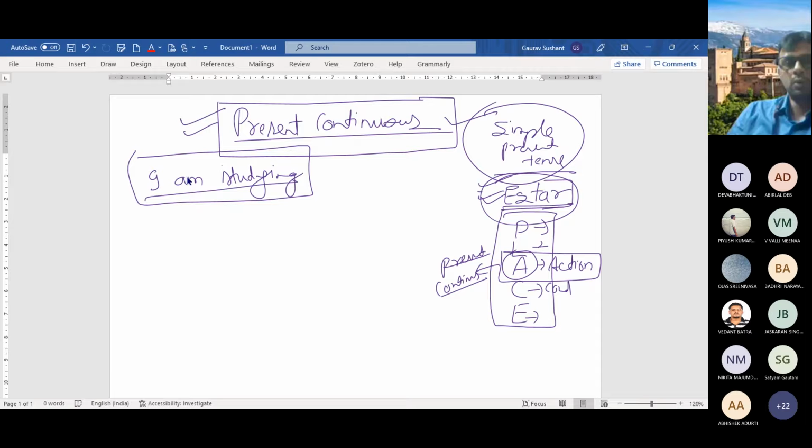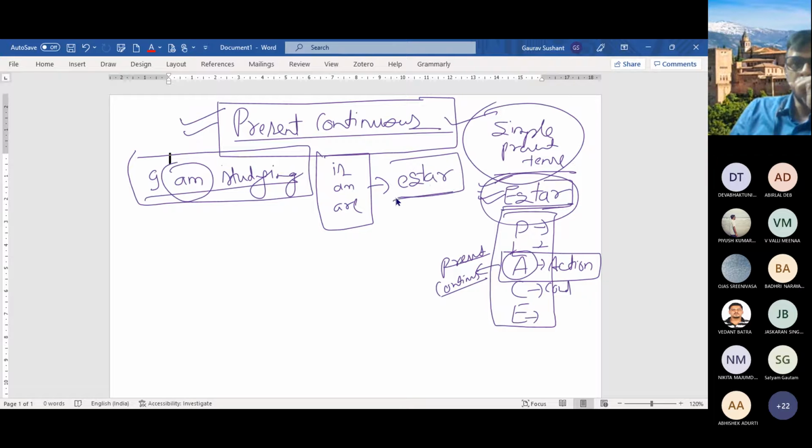Whenever is, am, and are is going to come in the present continuous, we will be using the estar verb. We have ser also, but that ser will not be used.